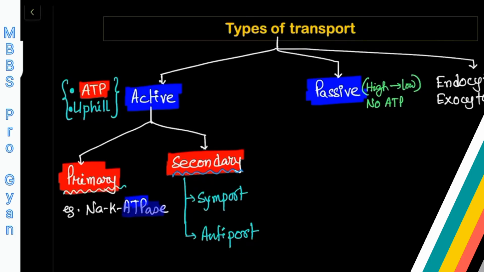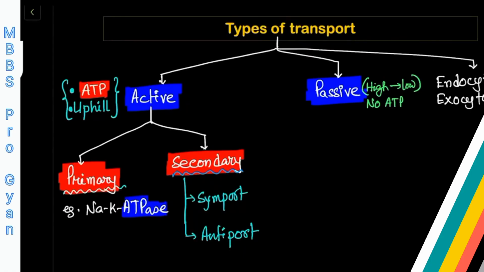When any molecule is attached with the name ATPase, that is a primary active transporter. ATPase means it can break down the adenosine triphosphate molecule. That's why ATPase. The example of the primary active transporter, the universal pump present in almost every cell in our body, is sodium potassium ATPase.